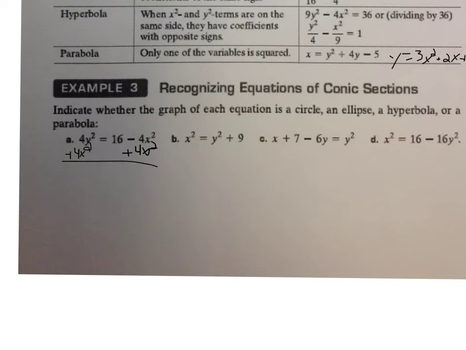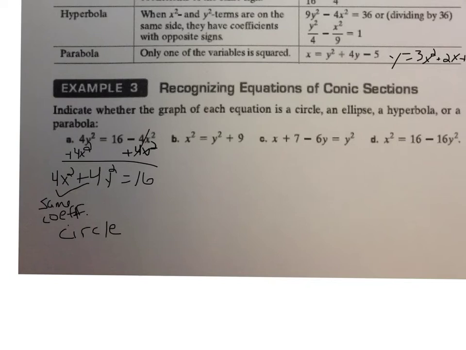Okay, when we do this, we're going to usually write with addition, you write the x squared first, so 4x squared plus 4y squared equals 16 now, because these cancel out. And you can see we have an addition, and these two are the same coefficients. If the coefficients on each variable are the same, then what you get is a circle.